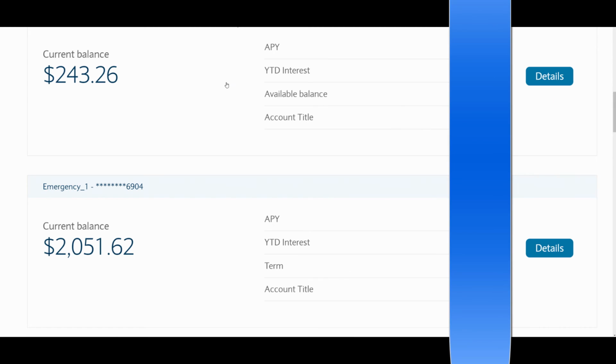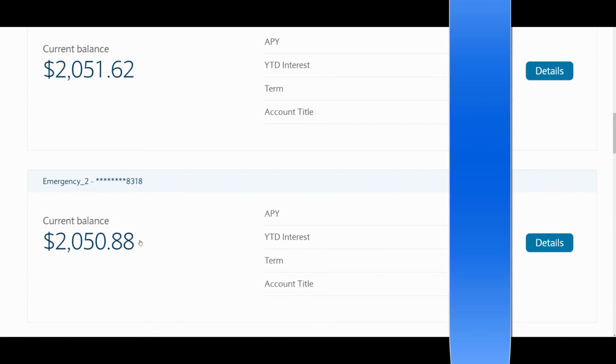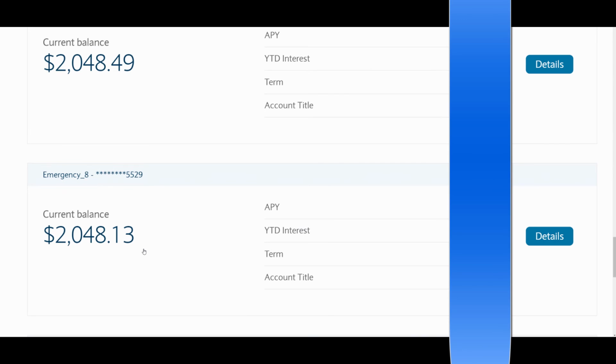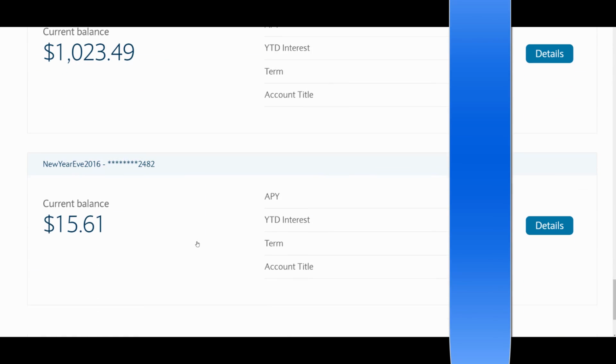But 2.25%, and I created emergency accounts because you can always pull out this money. You'll just take a 6-month interest penalty. So my emergency account doesn't consist of one of these, or two, or three, but four, five, six, seven, eight, and then nine is just about $1,000, and then the last one was kind of a joke.